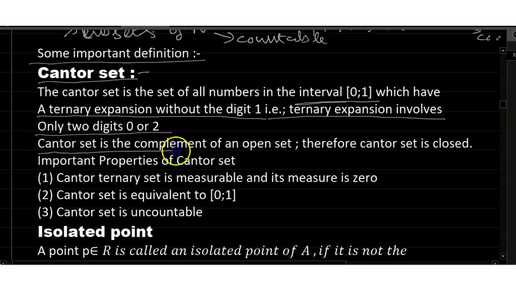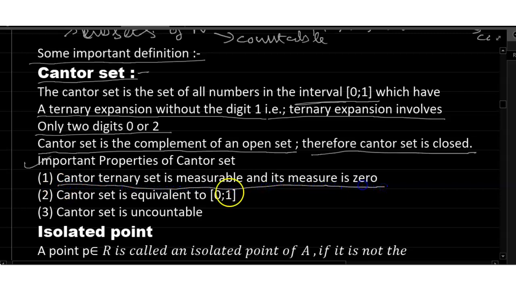The Cantor set is the complement of an open set. Therefore, the Cantor set is closed. Important properties of the Cantor set: the Cantor ternary set is measurable and its measure is 0. And the Cantor set is equivalent to [0, 1]. The Cantor set is uncountable.